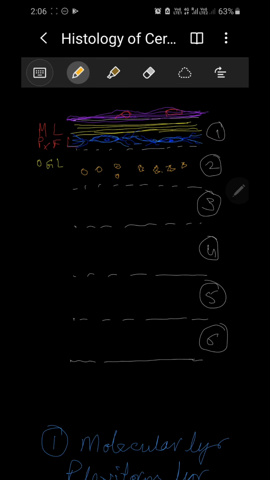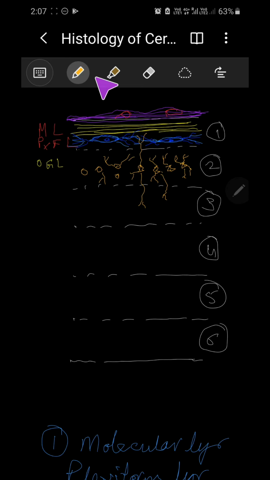Got it? And because they're stellate cells, they have radiating dendrites, and the dendrites may reach to the layers down below, and they may communicate with the adjacent neurons. So that was about the abundance of this layer.